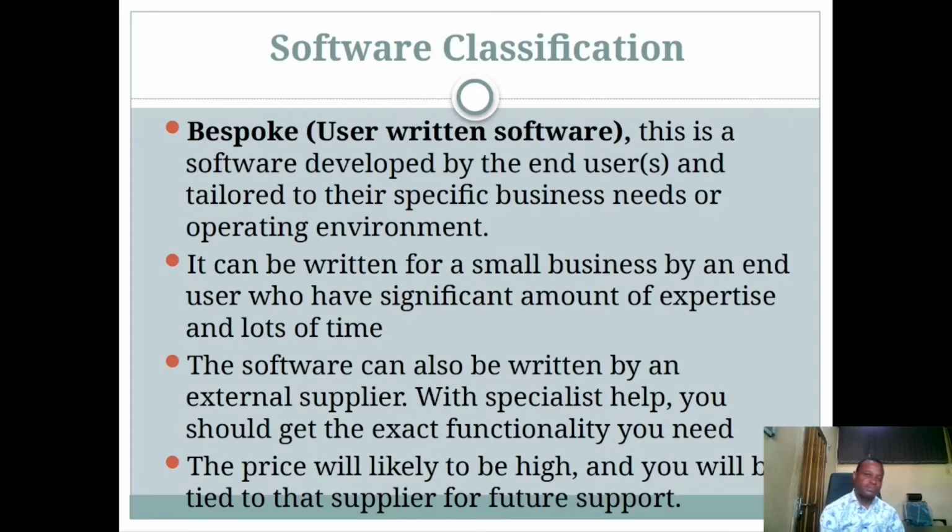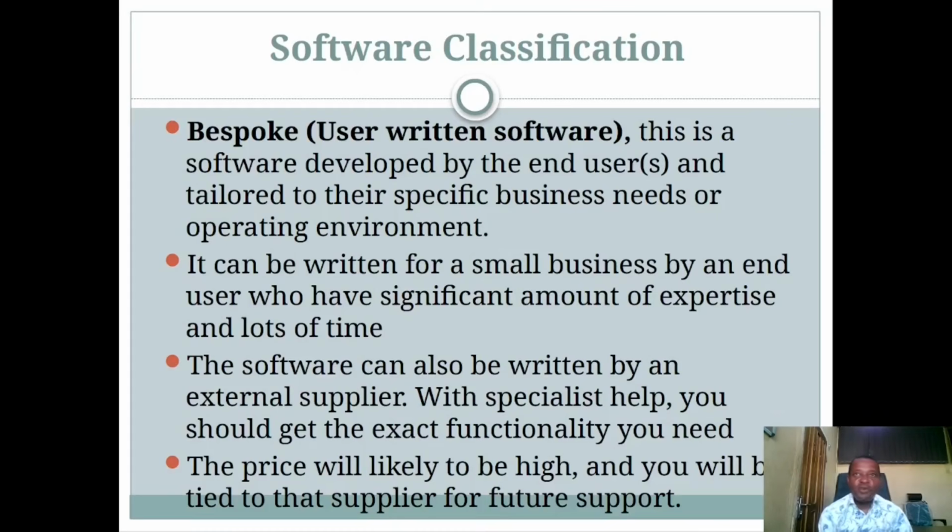You don't buy this type of software from the market. You don't walk into the computer shops and order it off the shelf. No, it's not there. Because this software are created for specific business needs or specific business environment.